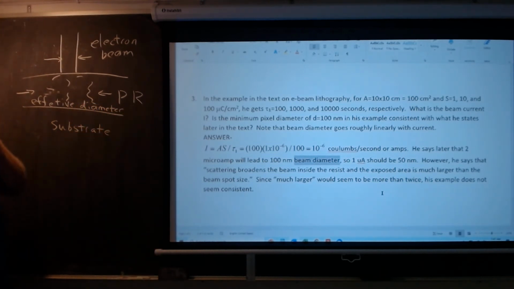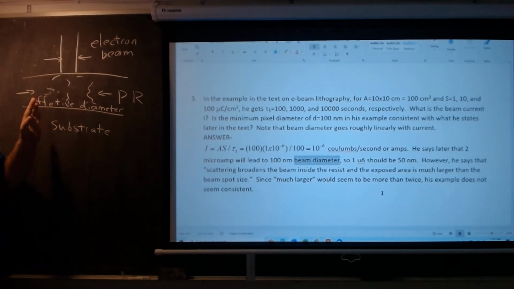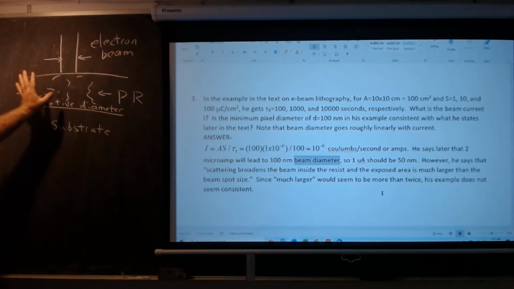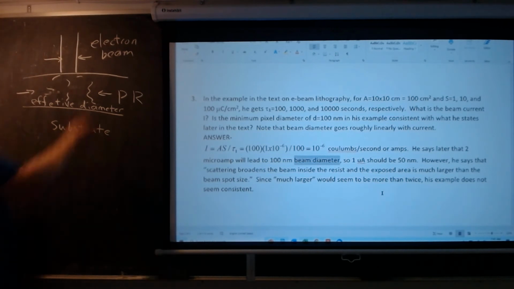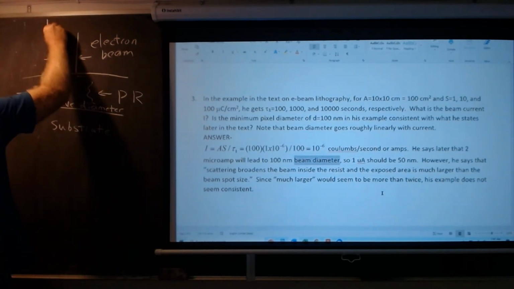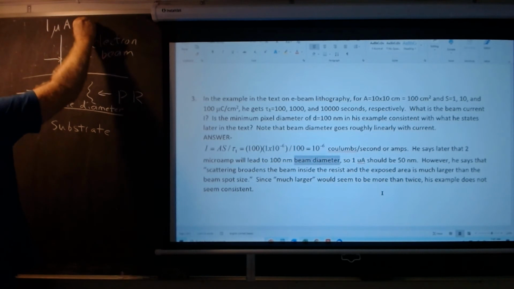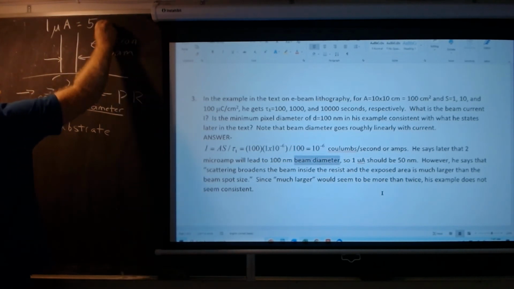Okay. So there are 2 diameters here. There's the beam diameter itself, and basically all the numbers work out that for his example, the beam diameter for 1 microamp should be 50 nanometers.